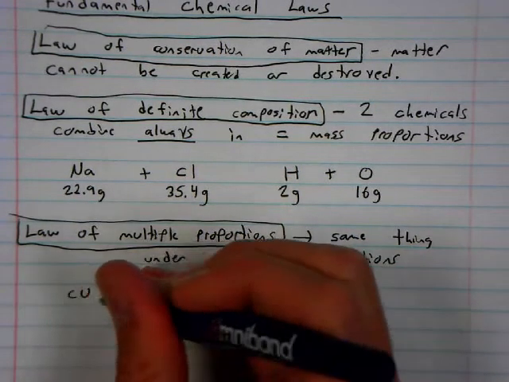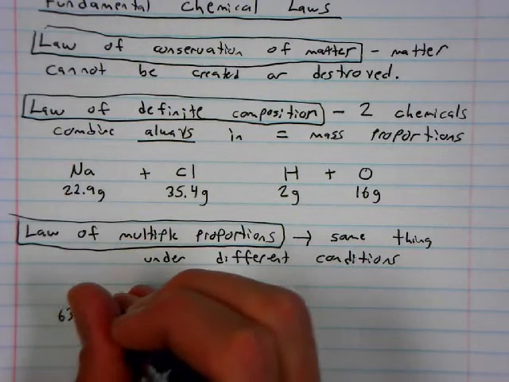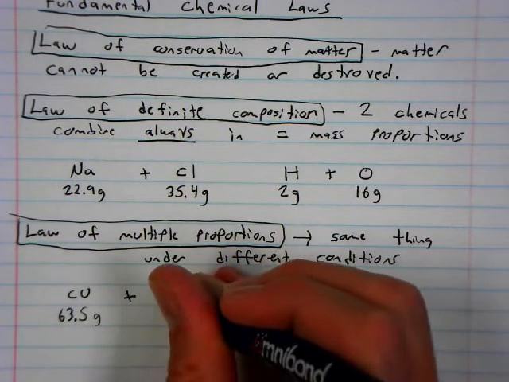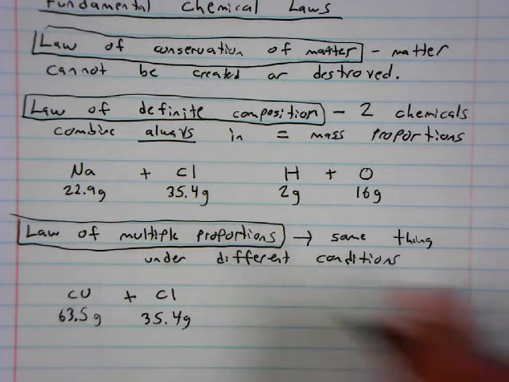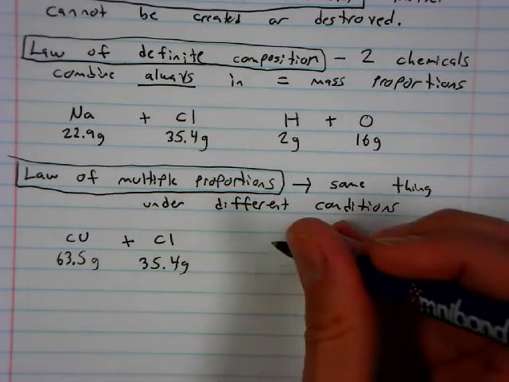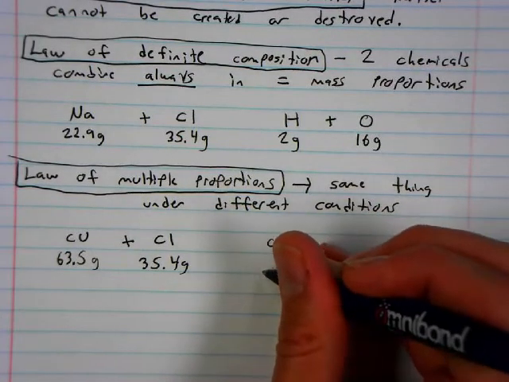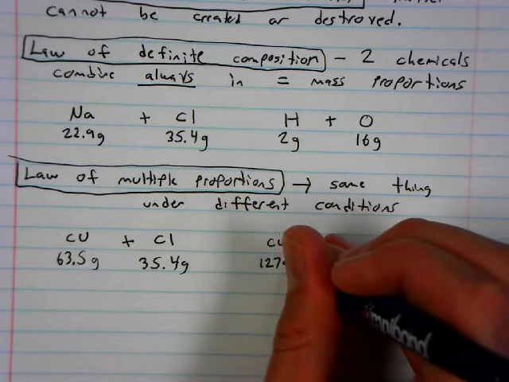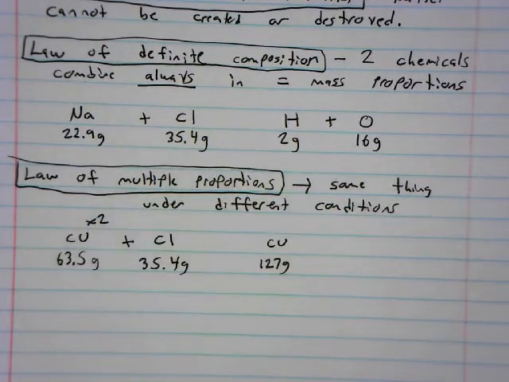For example, if I have copper, which has a molar mass of approximately 63.5 grams, and I'm combining that with chlorine, which is a mass of 35.4 grams. If that's one situation, and my next situation has copper with 127 grams, I have now multiplied this copper by 2.